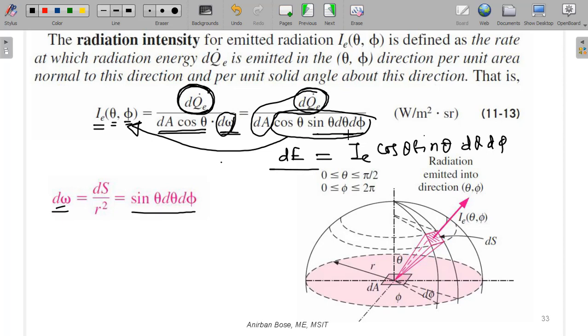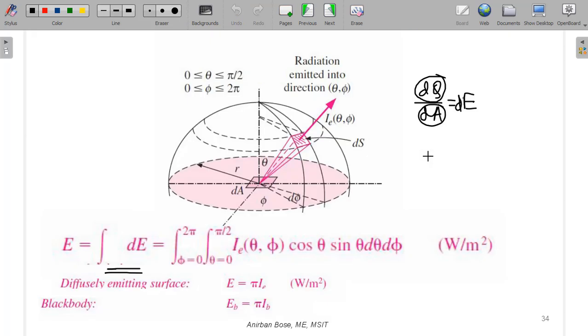If you integrate this quantity over the whole theta and phi, you will get the total emissive power coming out in all directions. The range is clear: theta varies from 0 to pi by 2 and phi varies from 0 to 2 pi. If you do this integration, you will get the result shown here.